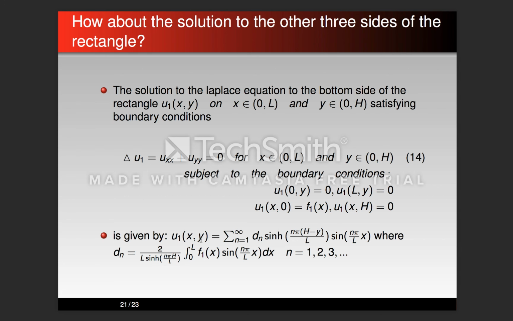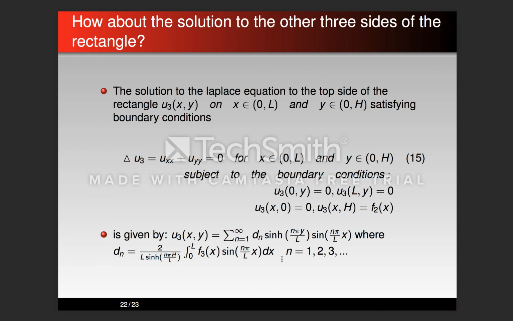So it equals u1(x,y), the summation of n from 1 to infinity of d_n sinh(nπ(h−y)/L) times sin(nπx/L), where the constant coefficient d_n is computed by using 2 divided by L sinh(nπh/L), where the integral goes from 0 to L of f1(x) sin(nπx/L) dx.